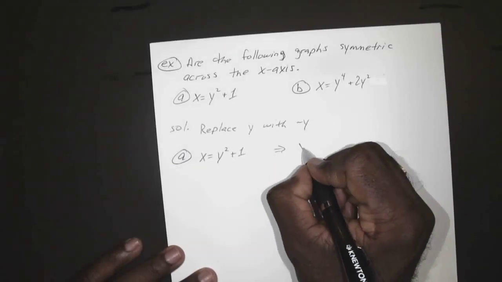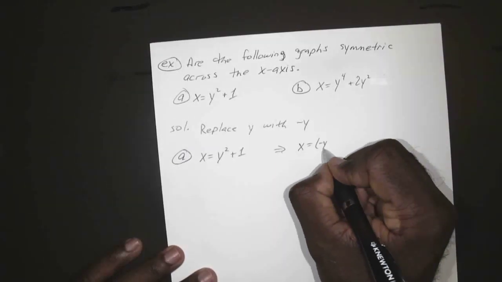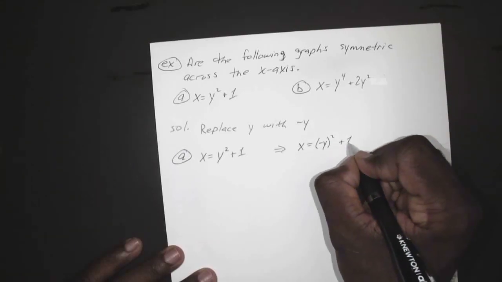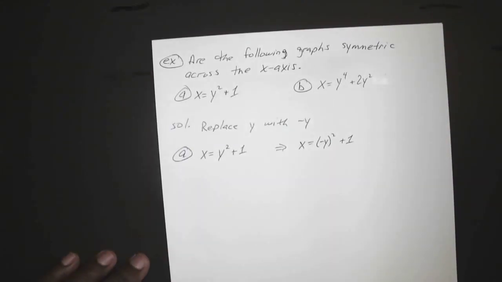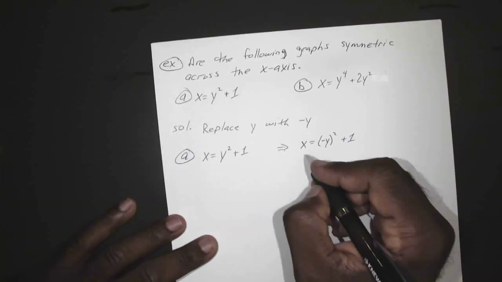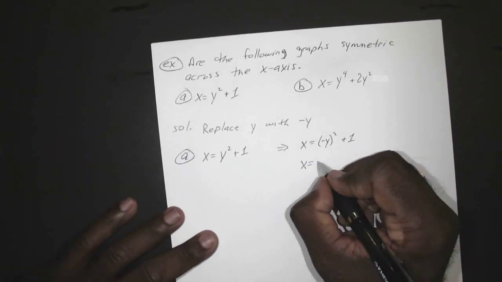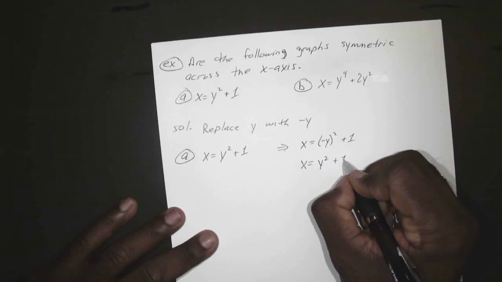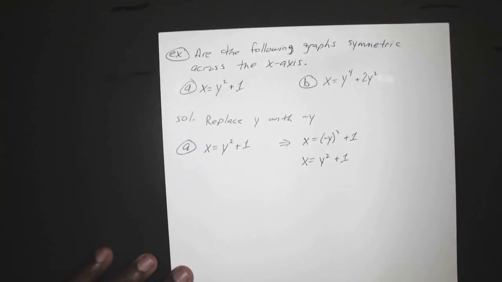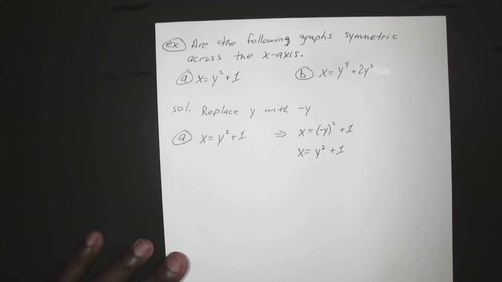So you have x equals negative y squared plus 1. Negative y times negative y is just positive y squared. So you have x equals y squared plus 1. So you know this is symmetrical across the x-axis.